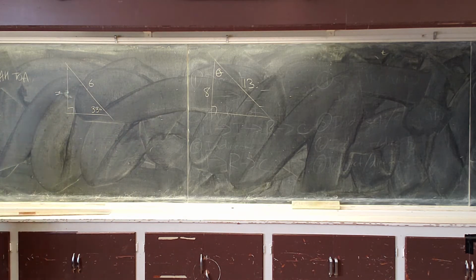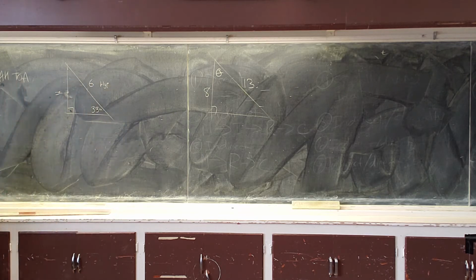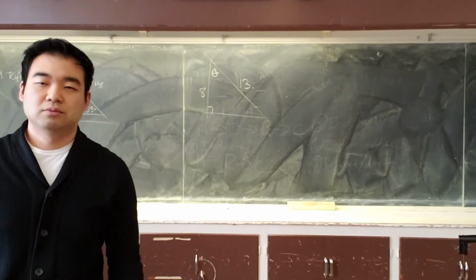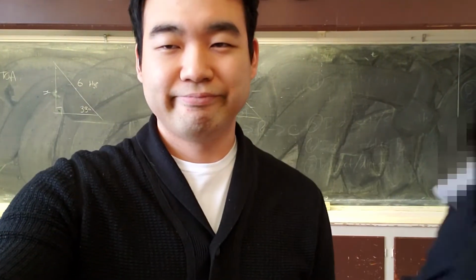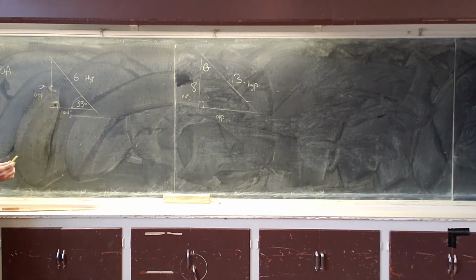All right. If I want the unknown value for x, number one, you have to label each side as either opposite, adjacent, or hypotenuse. So go ahead. Right off the bat, the 90 degrees will tell you that this side is the hypotenuse. This side is considered hypotenuse because, well, you know this from elementary school.